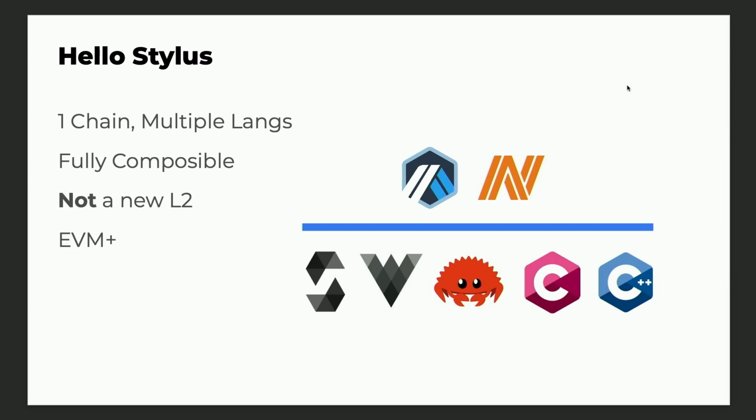And of course, we want all of the ABIs to work as expected. So it's not a new L2, it's an enhancement to the same chain, and we call this general approach EVM+. We're not taking away what the Ethereum virtual machine provides, but we're just adding a new way to write a smart contract that's fully composable.